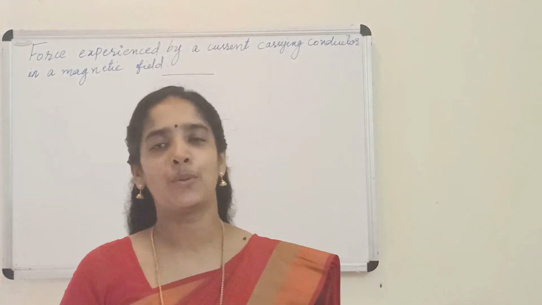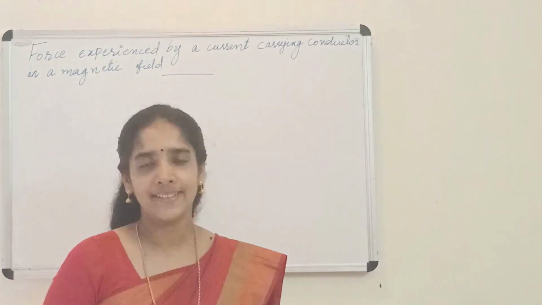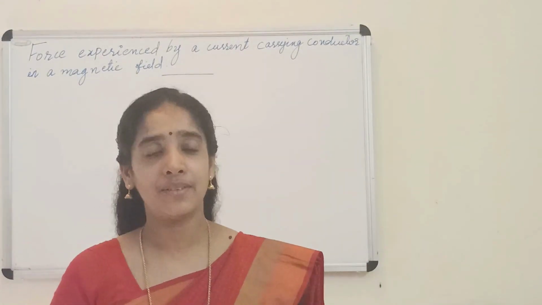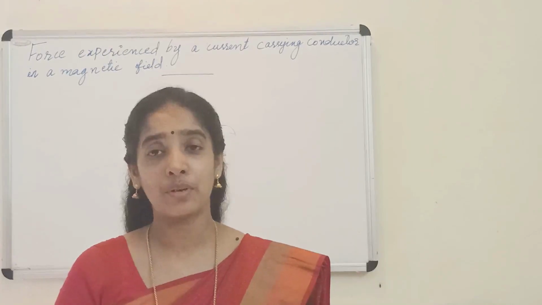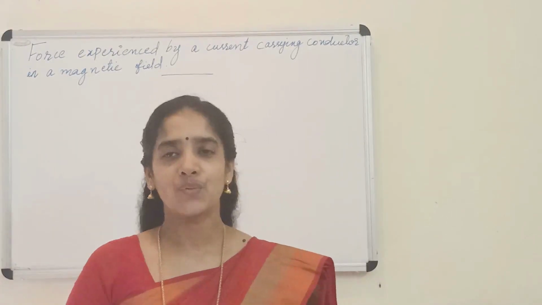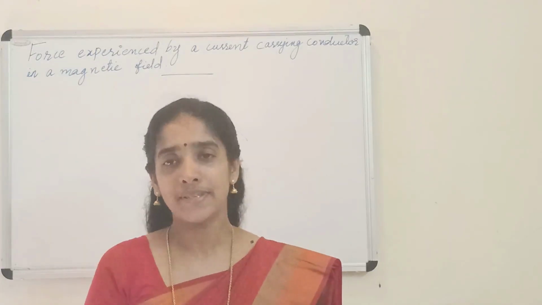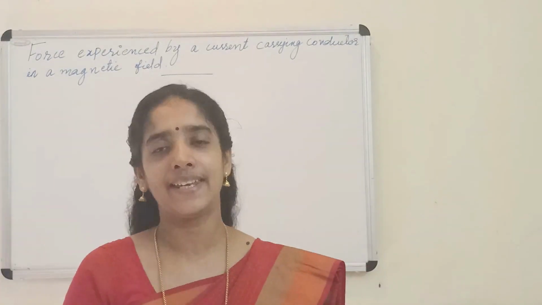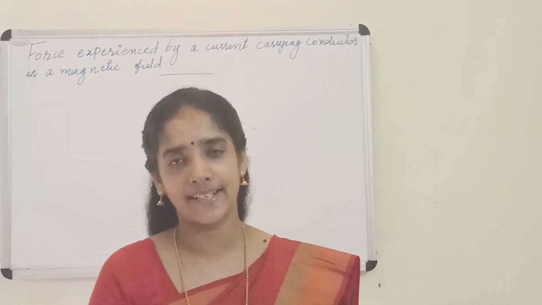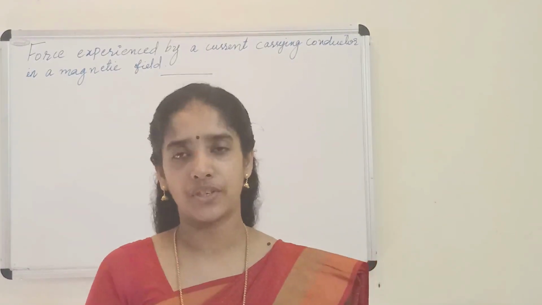Okay, let's move to the next topic. We know that in the beginning of the chapter, we studied the experiment performed by Hans Christian Ørsted. He observed that when a compass needle was kept parallel to, or near, a current carrying conductor, the compass needle was deflected.